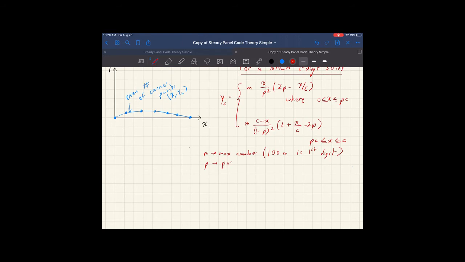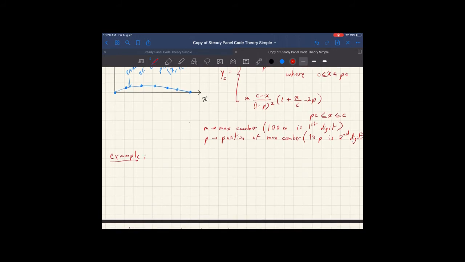And the P is the position of camber, well, sorry, not the position of camber, it's the position of maximum camber. And that is 10P is the second digit. For example, let's say you are looking at some arbitrary NACA series wing, 1322.